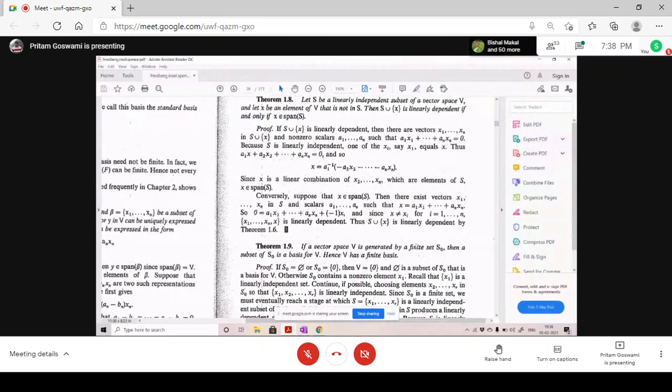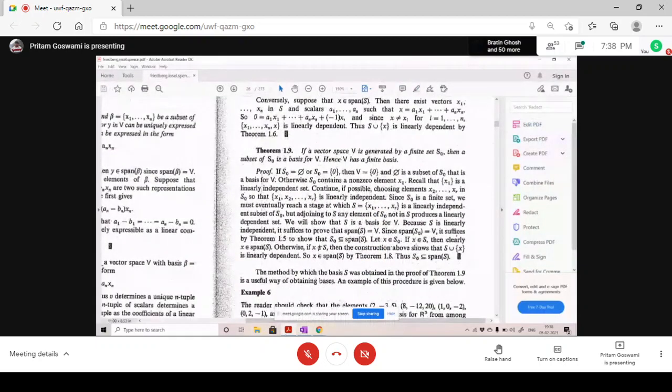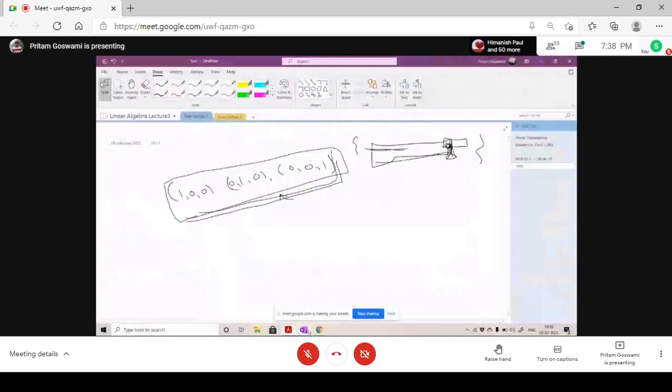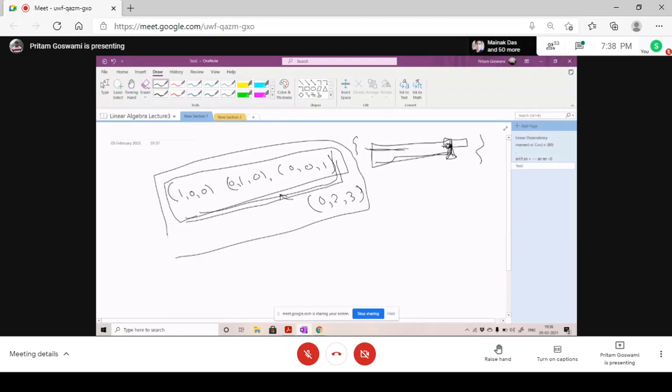Okay. Now another theorem is there, like, a vector space is generated by a finite set S0. Look, another thing I need to tell you: if I add another vector with these three vectors, say (0,2,3), what will these four vectors span?